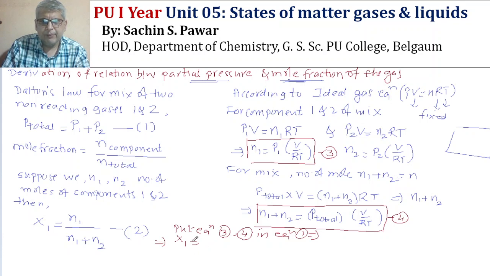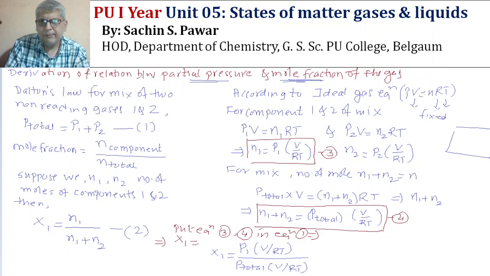So it implies x1 is equal to N1, which is P1 into V by RT, upon N1 plus N2, which is P total into V by RT.